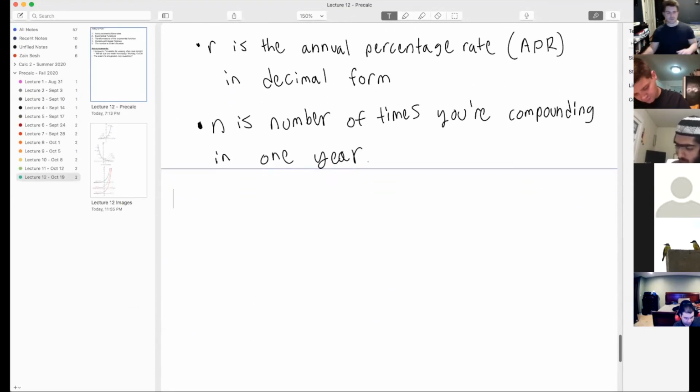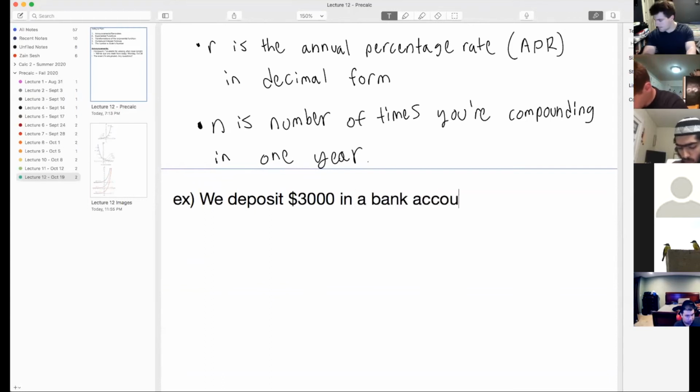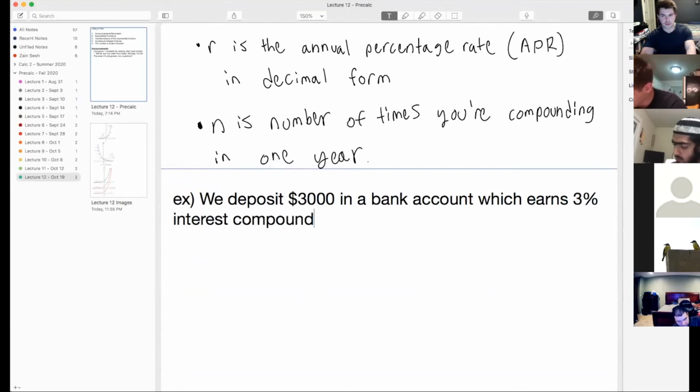So this will be a nice application. For example, we deposit $3,000 in a bank account which earns 3% interest compounded quarterly.